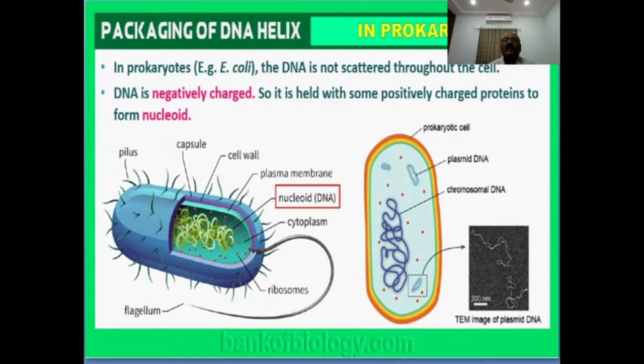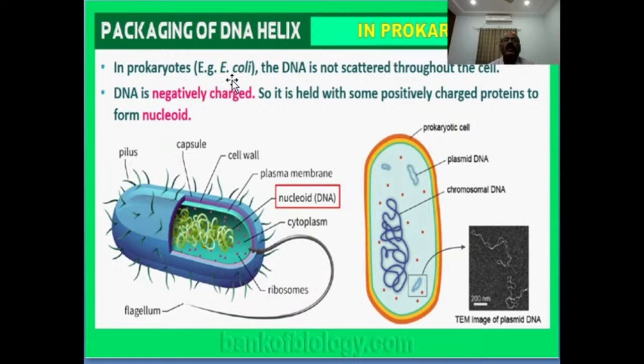Whereas phylogenetically evolved cells are called eukaryotes. In eukaryotes, the cells possess a conspicuous nucleus, that means a nuclear envelope is there. Examples for prokaryotes are bacteria and blue-green algae. These belong to prokaryotes.